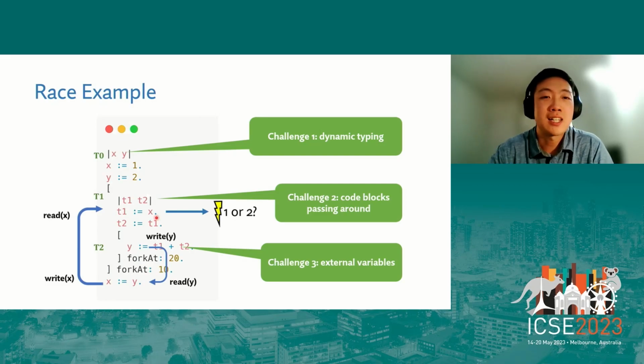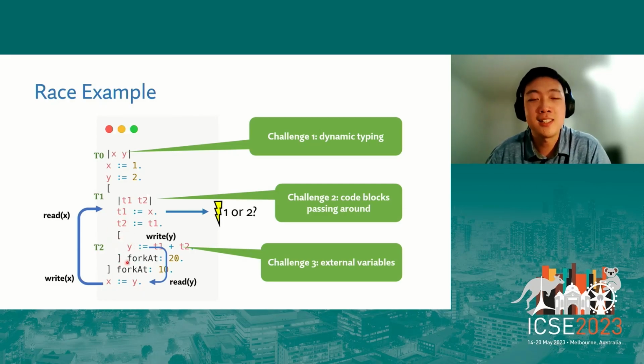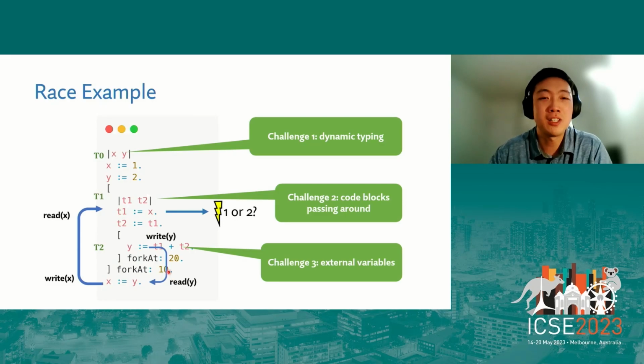And the second challenge is the code block. In this case, you can see that for each forkAt event sent to the code block, it indicates the creation of a new thread. And you can also see that there are threads created inside another thread, making this example even harder to analyze. That's why data races are hard.